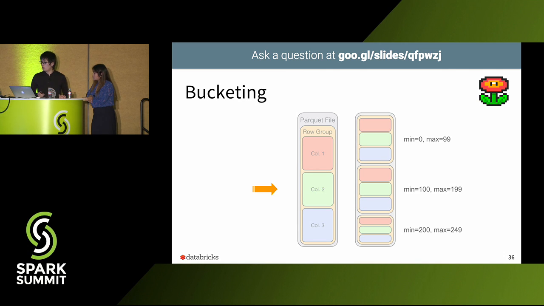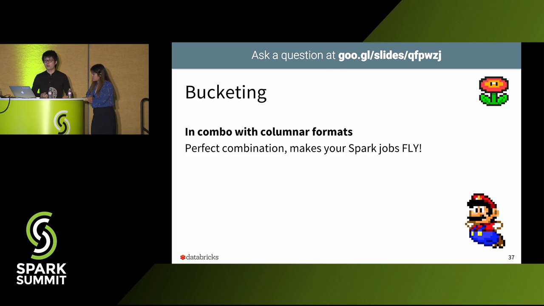Then you can see that we can find the min-max data in this Parquet file. Now let's consider we are searching for values greater than 200. According to these statistics, we can just drop the first and the second row groups because these two row groups definitely don't contain the data we are searching for. And that is how bucketing works with columnar formats.